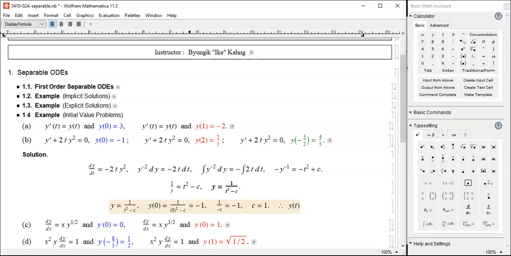Therefore, y of t is equal to 1 over t squared minus 1 here.